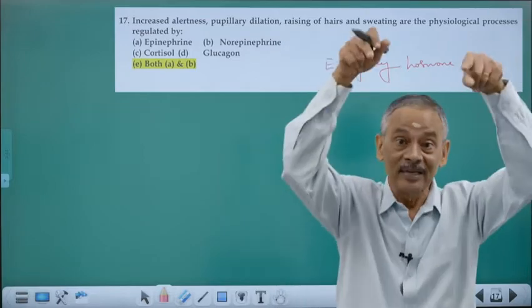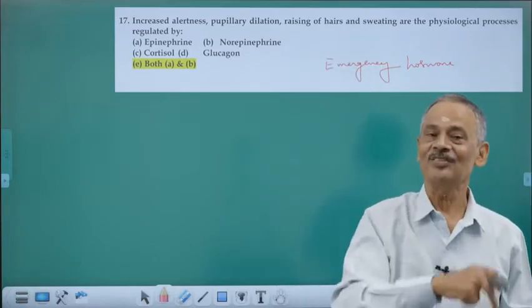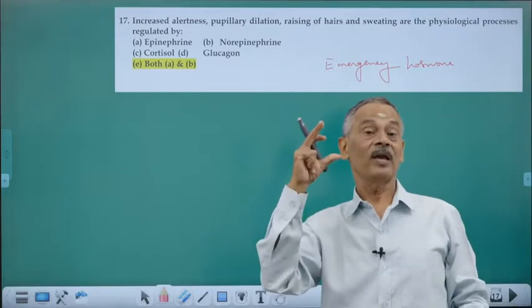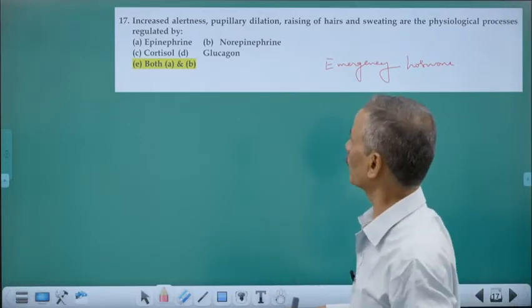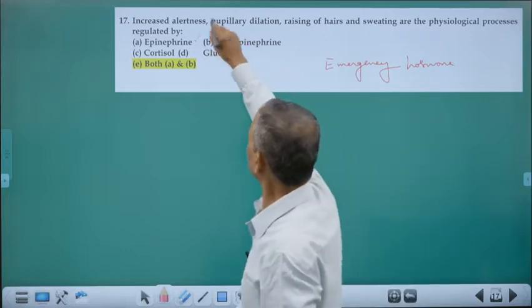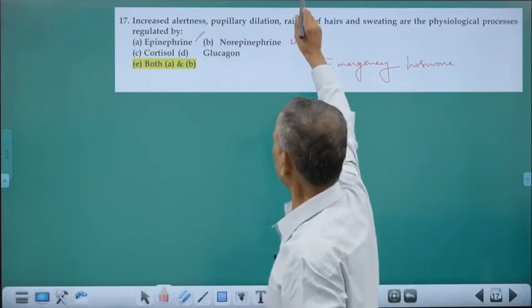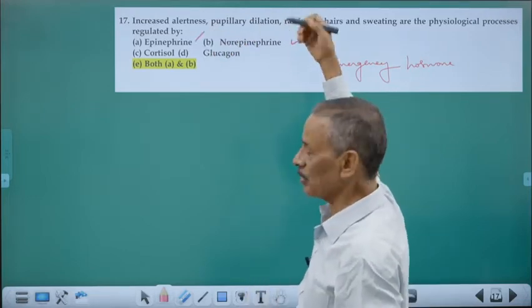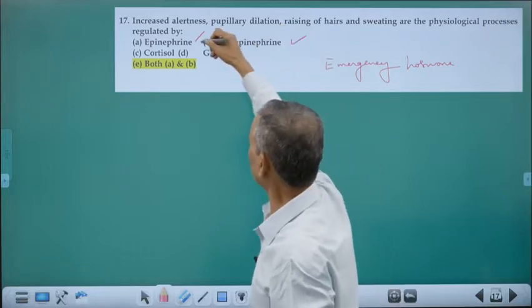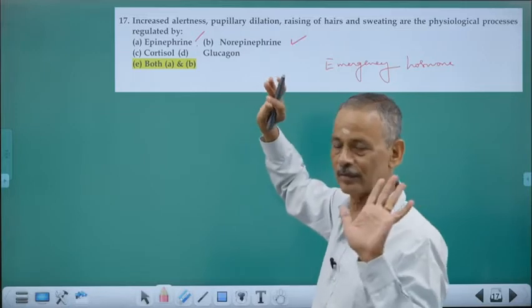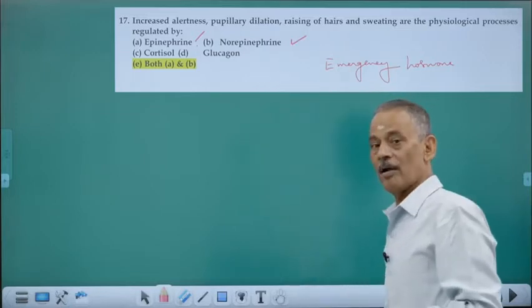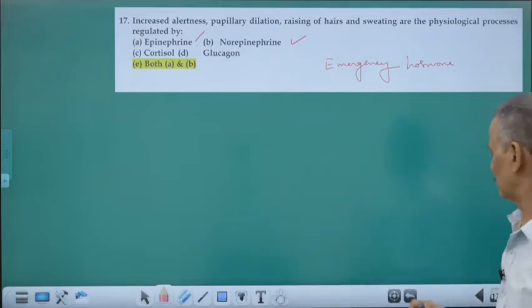You are in an emergency situation. So what is the emergency hormone? Adrenaline that is poured into your blood. So epinephrine, adrenaline, norepinephrine, noradrenaline, both are having the same effect, but adrenaline is more abundant and stronger than the noradrenaline. That's all. Okay. These two are together called catecholamines.